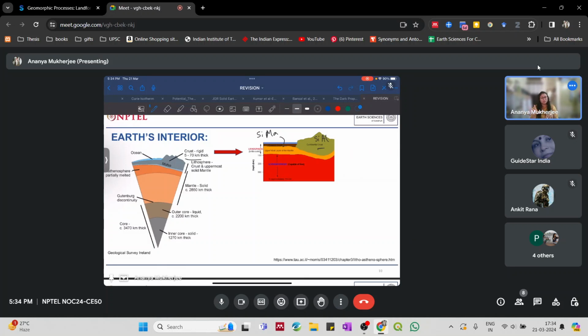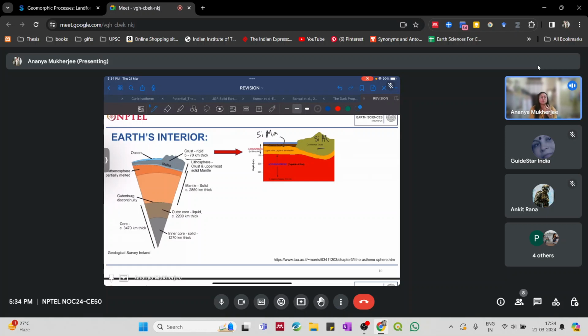So there is a distinction between these, okay, and then if we are only trying to characterize the different layers of the Earth based on composition, then you have crust, mantle and core, because all of them have different compositions and different properties.